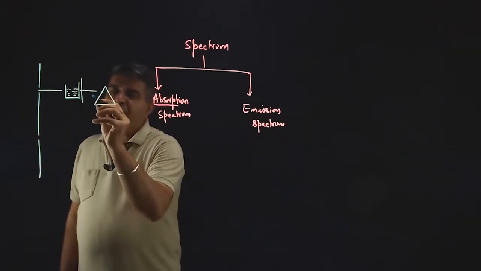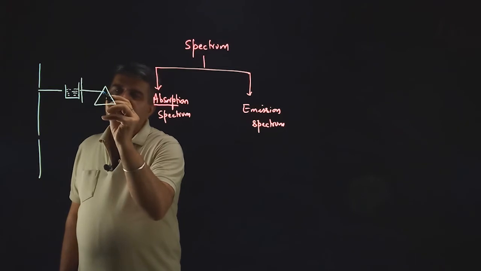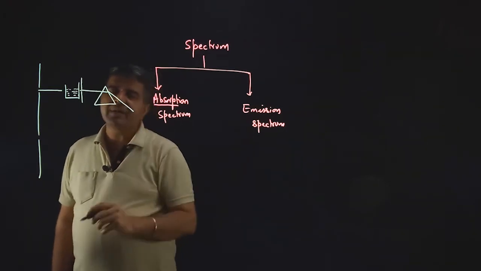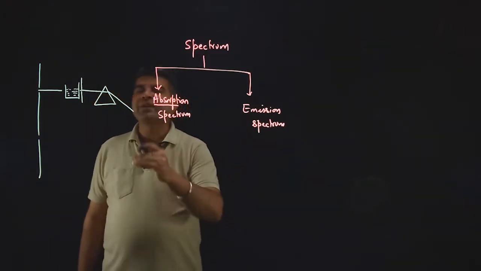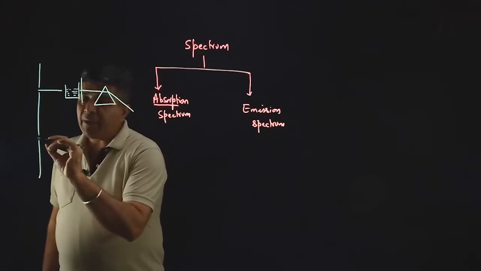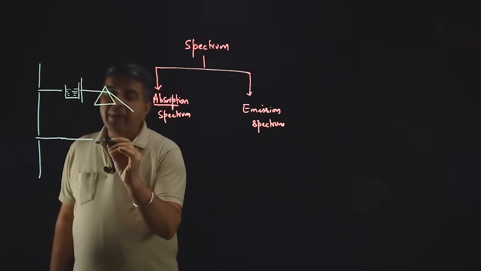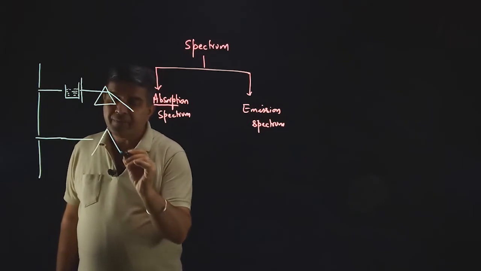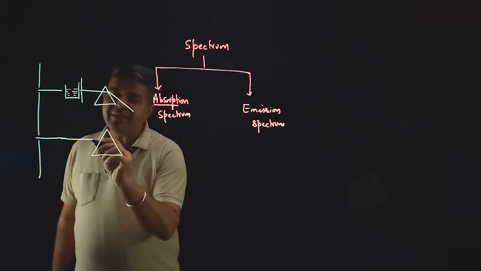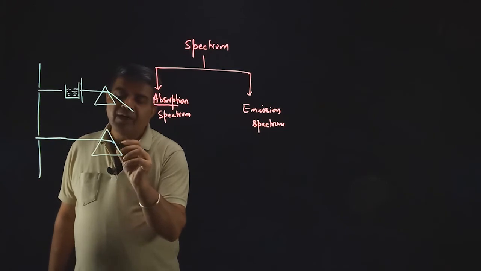So the light which is falling on this prism would now be split into its components. Now the light coming from this slit is directly made incident on the prism.